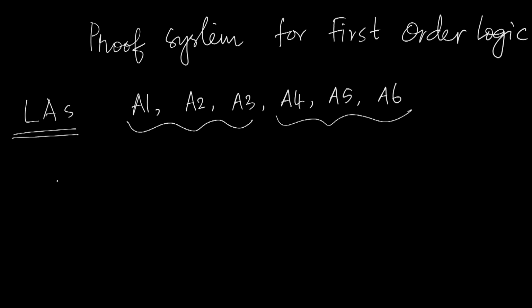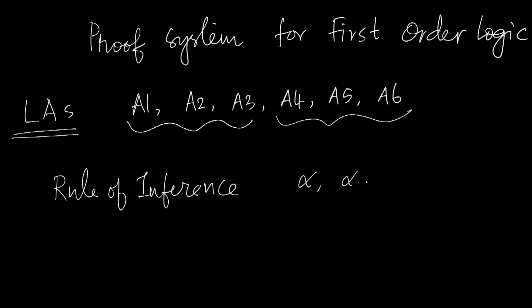And then we have one rule of inference. Exactly as in the case of propositional calculus, the rule of inference that we have is modus ponens, which says that if we have alpha and alpha implies beta, then we can prove beta.